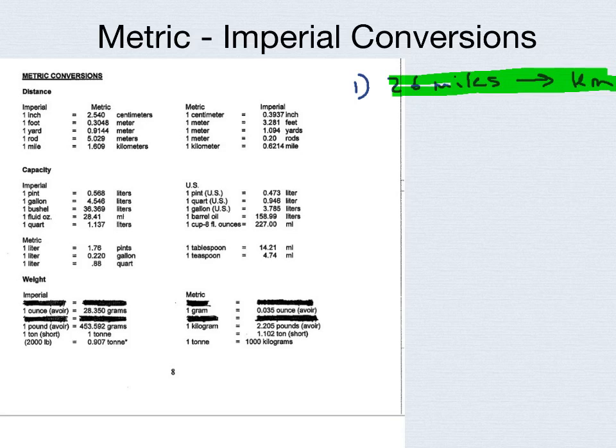Here we go. Miles to kilometers. Depending on which way you're going to do it, there's two conversions given. First one says 1 mile is the equivalent to 1.609 kilometers. I'm going to take that information and write it as a proportion. Well, half a proportion, I guess a ratio. 1 mile is the equivalent to 1.609 kilometers.